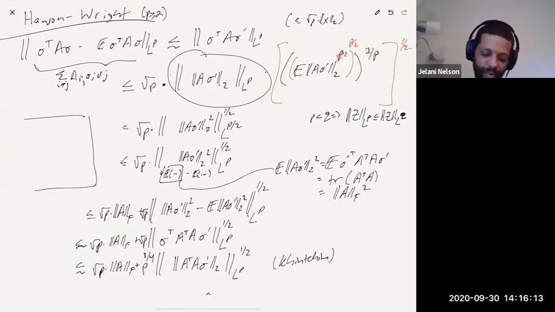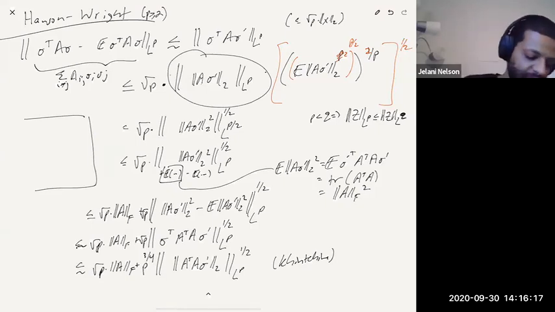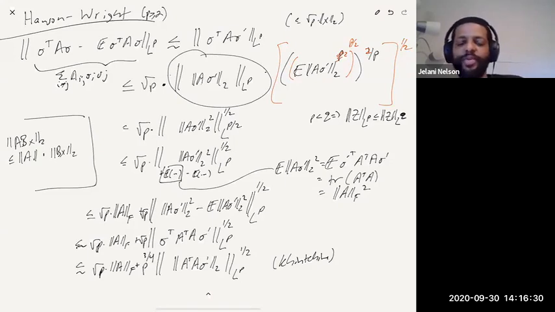Now we're basically almost one line away. What I'm going to say is, if I have A times B times x L2 norm, this is at most the operator norm of A times Bx L2 norm. That's what operator norm means: how much can you increase the L2 norm of the vector that you're operating on.